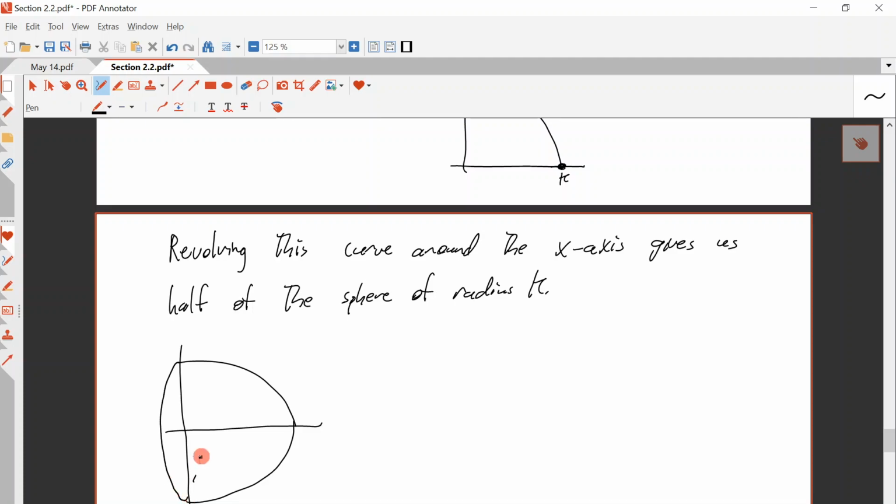So now we can get the volume of the whole sphere just by calculating this volume and multiplying by 2. So at xi, we have a slice that is a disk.